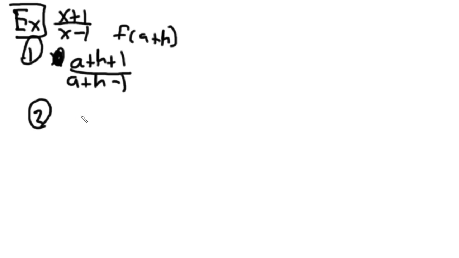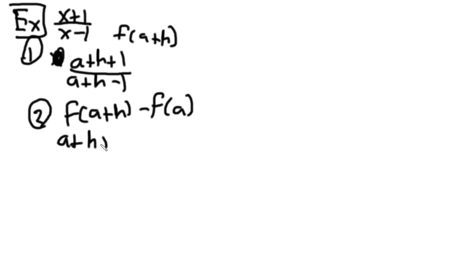And then step 2, this is where the fraction ones get tricky, because now we're going to have to do some things to it. So that's a plus h plus 1 over a plus h minus 1, minus a plus 1 over a minus 1. Now we're going to have to get a common denominator in order to do some canceling.